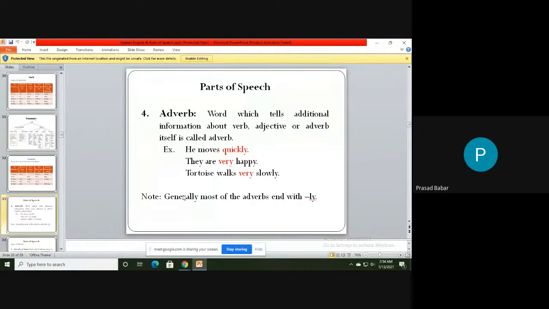Let's move towards the fourth part of speech, and the fourth part of speech is adverb. Okay, in Marathi we can call it kriya visheshan. So what is the adverb then?